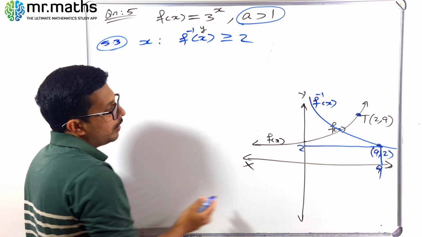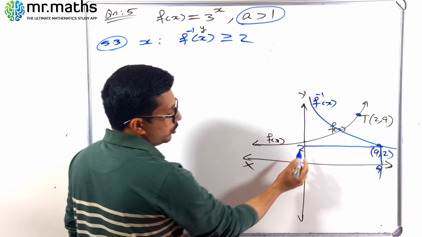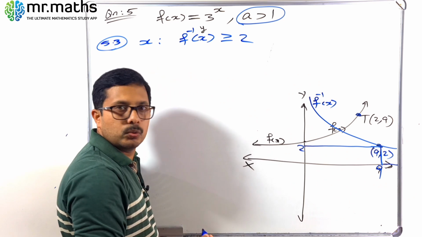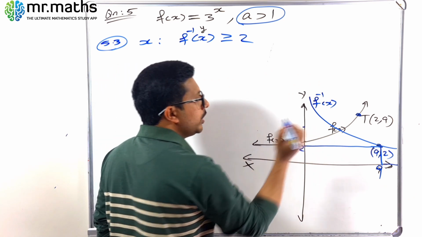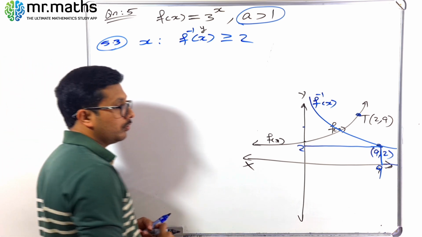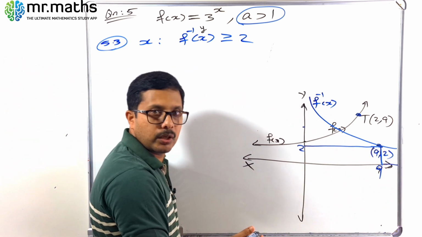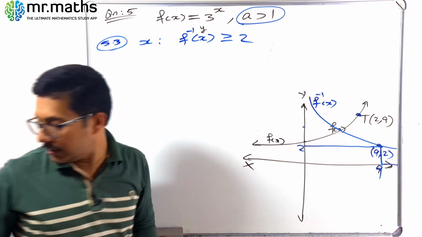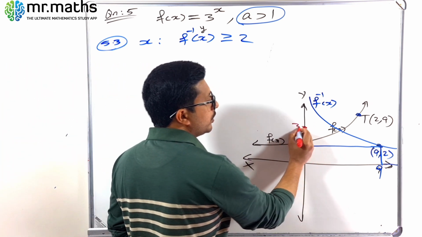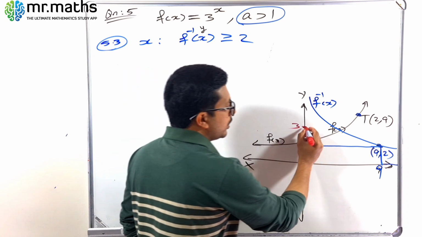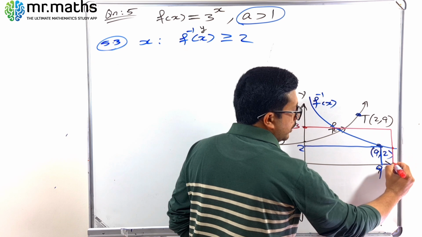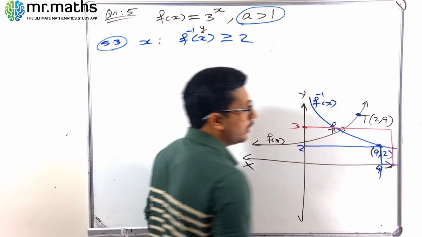So what about when y is greater than 2? For example, I took a point here, greater than 2. When y is 2, x is 9. If I take a point greater than 2, for example 3, what x value do I get? That is greater than 9.